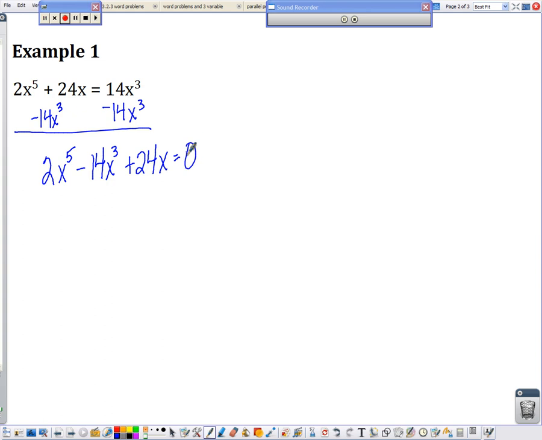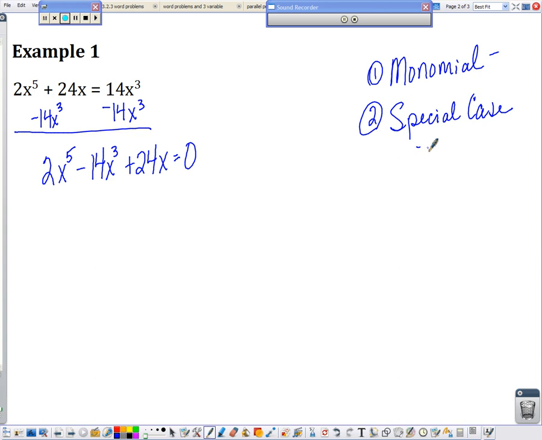A couple of the strategies you need to look for: first of all, do you have a monomial that you can factor out? Once you've factored that out, then you need to look for your special cases, in other words, like a difference of squares.